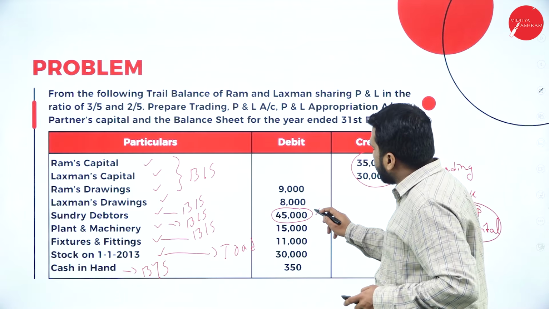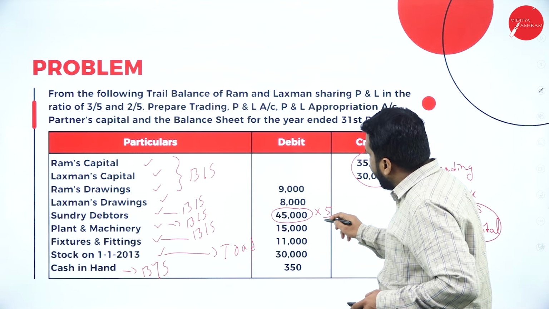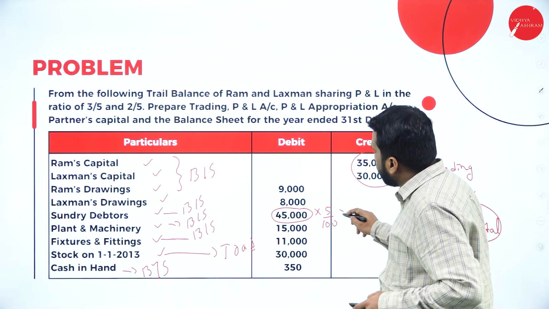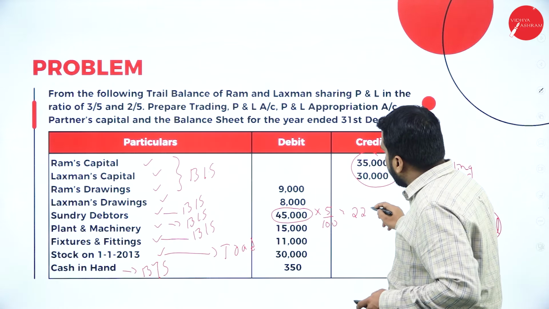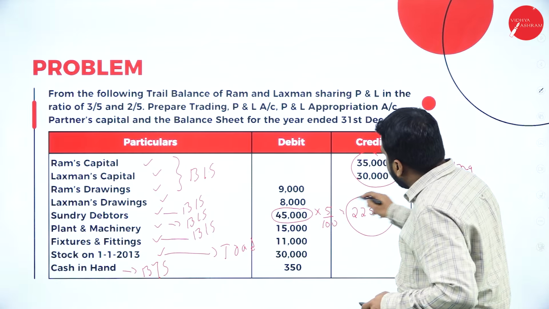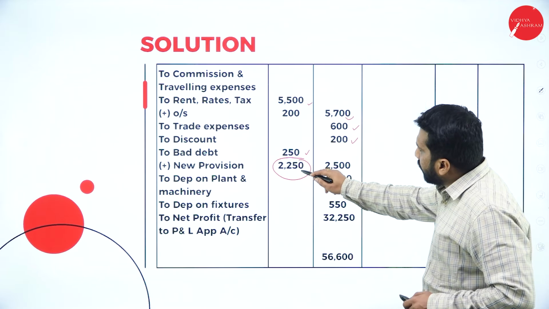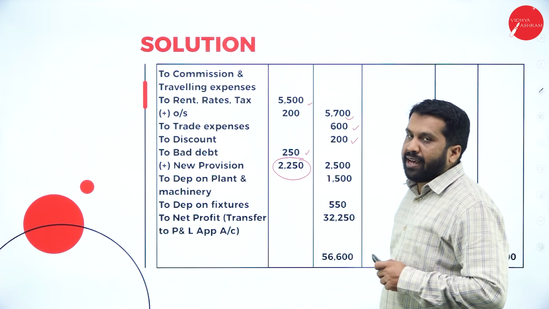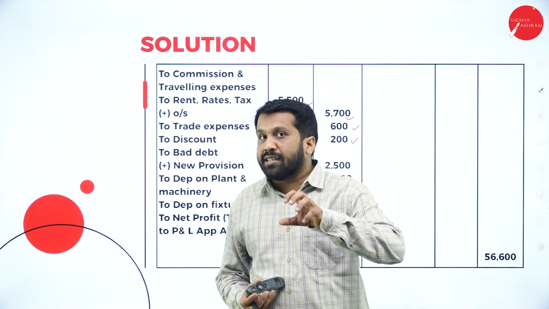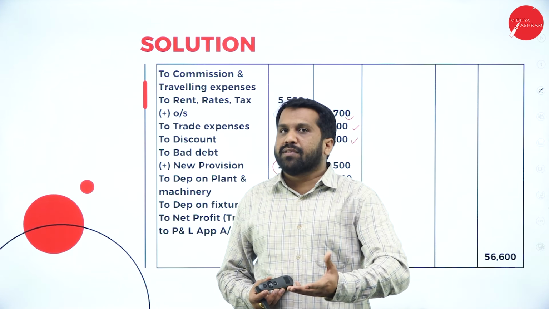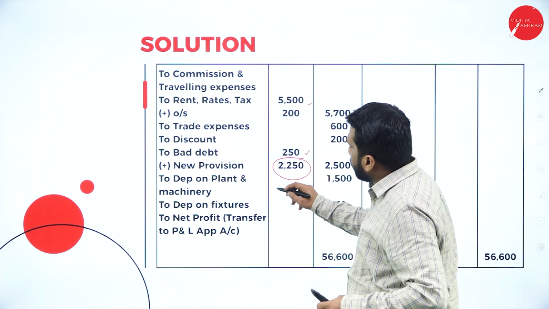On 45,000, what is the percentage? 5%. You calculate 5%, you will get 2,250. This is the provision. I'll go to your answer. See, 2,250. How did you calculate? On 45,000, you calculated 5%. You will get 2,250. I'll show you here.